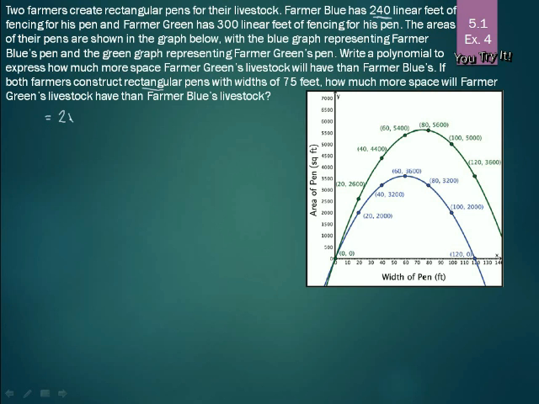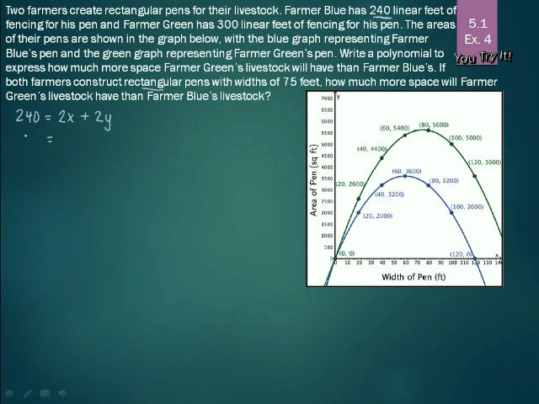So we can say 2x, where x is the width, plus 2y, where y is the length, will equal his perimeter, which is 240. But we're actually trying to write a polynomial to show the amount of space inside the pen. That's basically area, right?